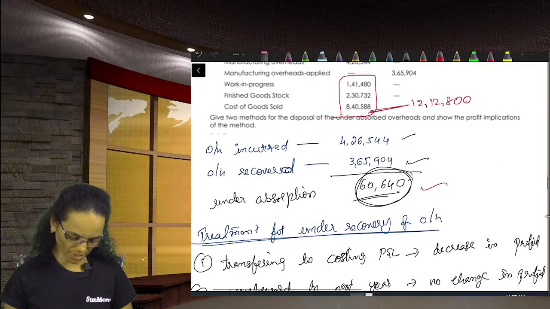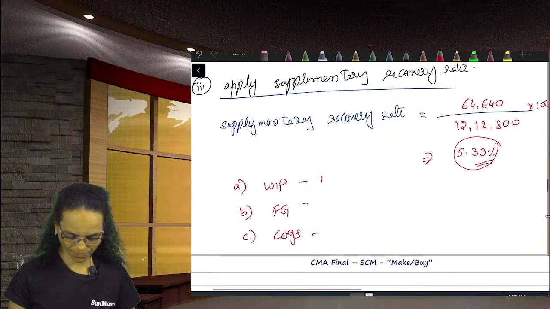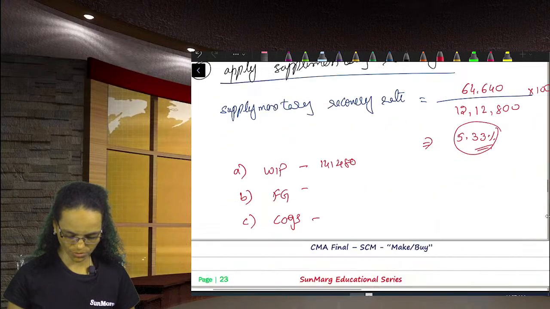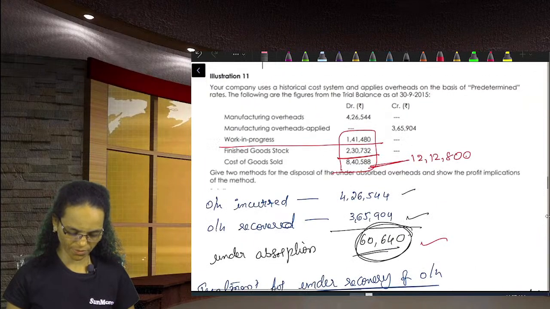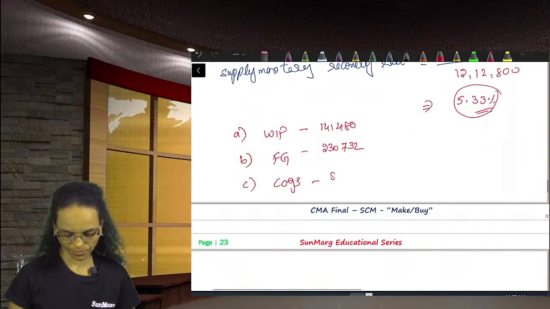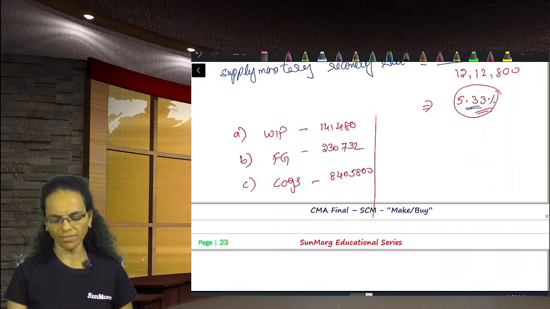The work in progress element is 141,480, finished goods 230,732, COGS 840,588, into this rate, or else we can round it to 5%.